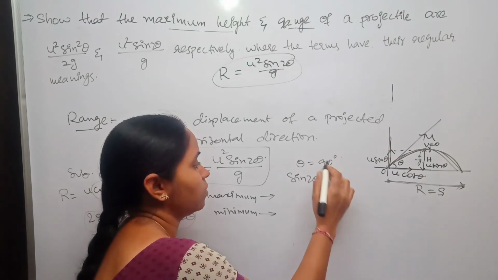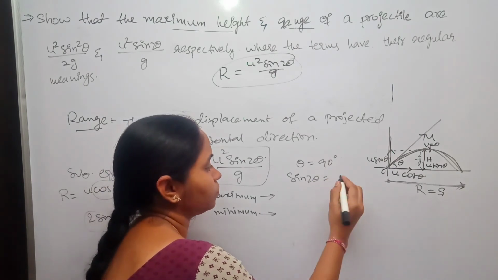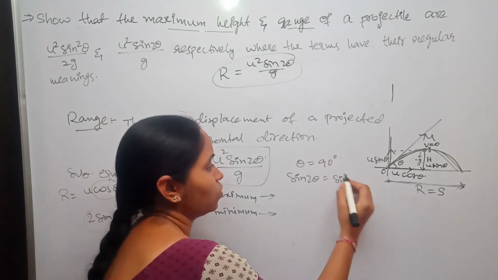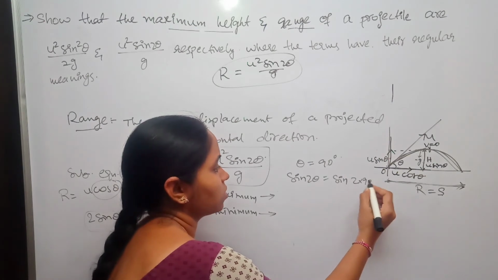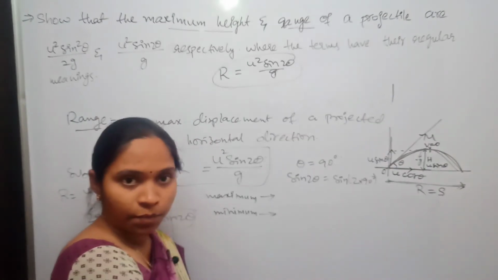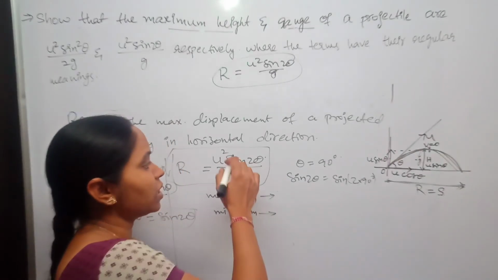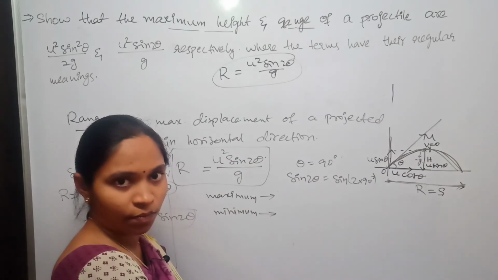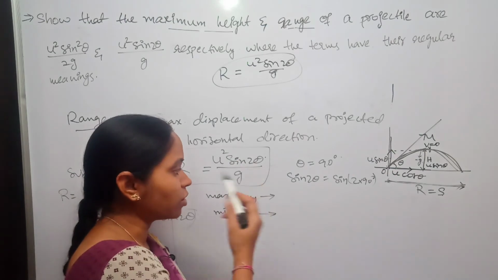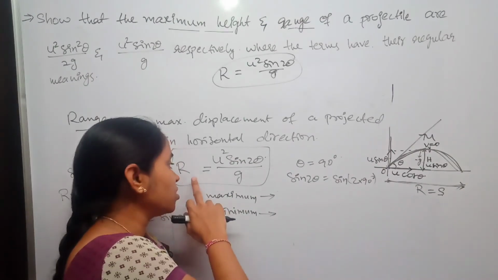Sin 2 theta becomes sin 2 into 90 degrees, nothing but 180. Sin 180 is 0, right? Therefore, this entire term becomes 0. That means the range is minimum.